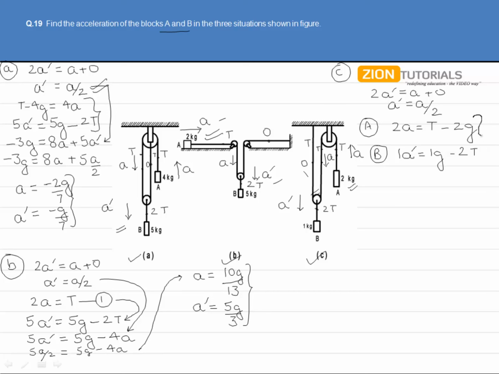Now removing tension from both of these equations, we get 4a plus a' equals minus 3g. Putting the value of a' from above in this equation, we can write a equals minus 2g by 3.